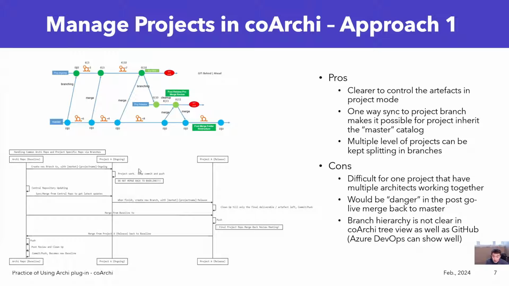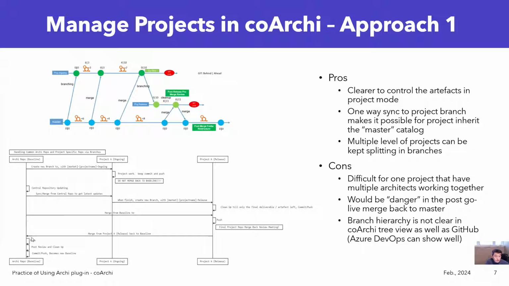Once we have the joint review meeting done, we can merge from the project A release back to the baseline. If that is back to baseline, you can treat that almost as the master. If you don't need to create another baseline branch, you can treat that as master.